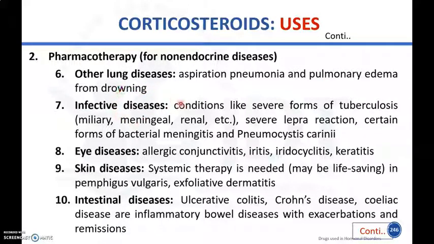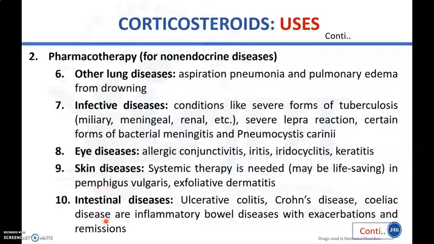Then infective diseases like severe forms of tuberculosis and severe lepra reaction and certain forms of bacterial meningitis and Pneumocystis carinii, and also some inflammatory diseases in the eye like allergic conjunctivitis, iritis, iridocyclitis and keratitis, and inflammatory diseases in the skin where systemic therapy may be needed in case of pemphigus vulgaris and exfoliative dermatitis.